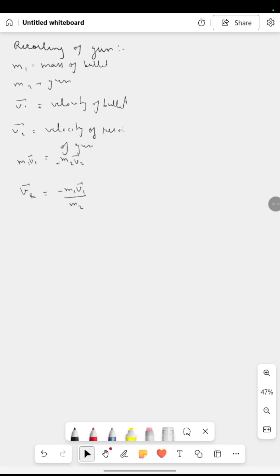So from here we can say v2 is inversely proportional to the mass of the gun. That's why the gun is made of heavy mass, meaning it must be much greater than the mass of the bullet, so that its velocity in backward direction can be minimized.